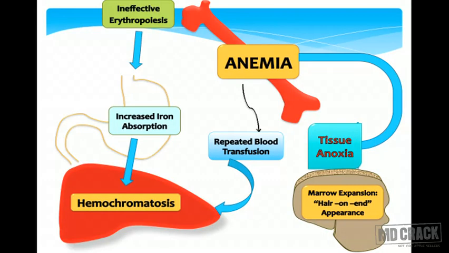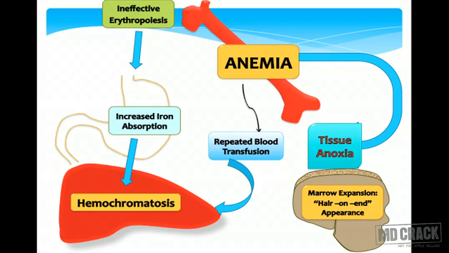Not only thalassemia, any hemolytic anemia, even sickle cell anemia, we call it hair on end appearance. Remember this point, this is very commonly asked in MCQs. Hair on end appearance, also called crew cut appearance, is the expansion of the cortical surfaces of the bone. It results in expansion of the bone marrow cavity. This is an X-ray finding.